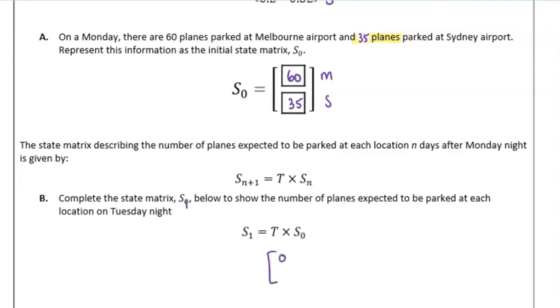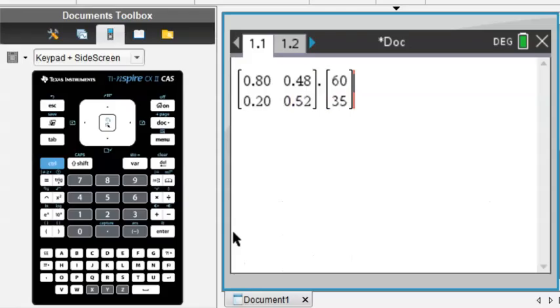Okay, so our values from above that we were given, and multiply that by our initial state of 60 and 35. And that will give us our state at S1. So let's put that information in our calculator, and then we'll get our numbers of planes at each location. Okay, so I've just transferred that into our calculator there.